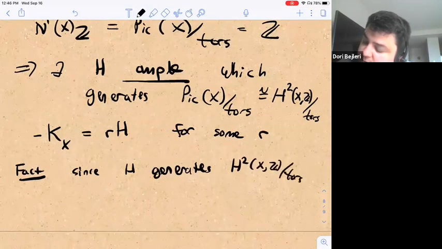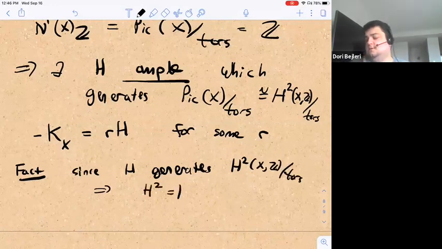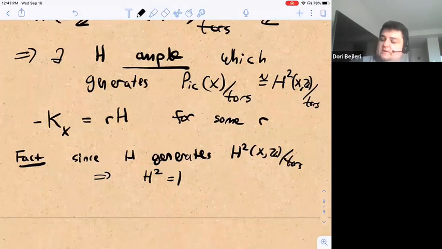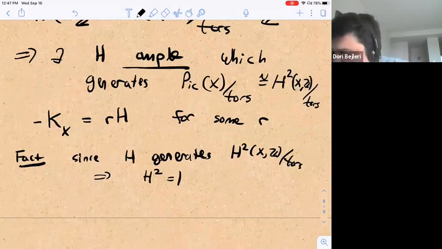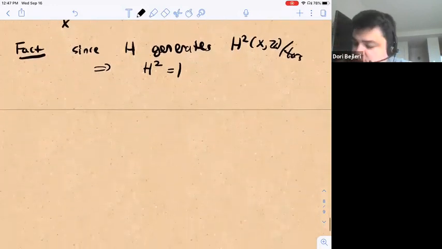Then this implies that H squared is actually 1. You know it has to be some positive integer, and because it's really the generator in H2, then properties of Poincare duality tell you this is actually 1. So we'll use that to actually compute.